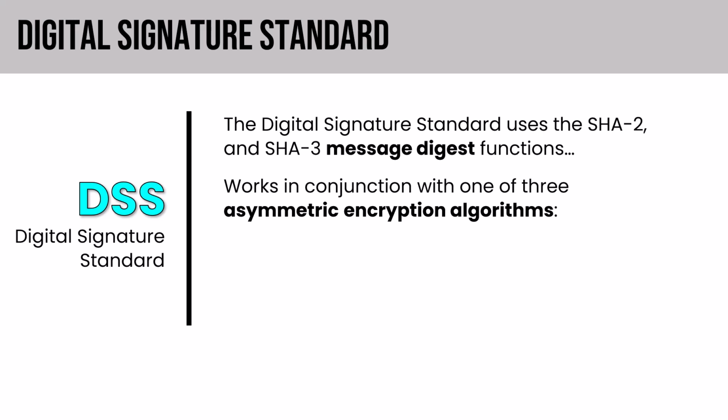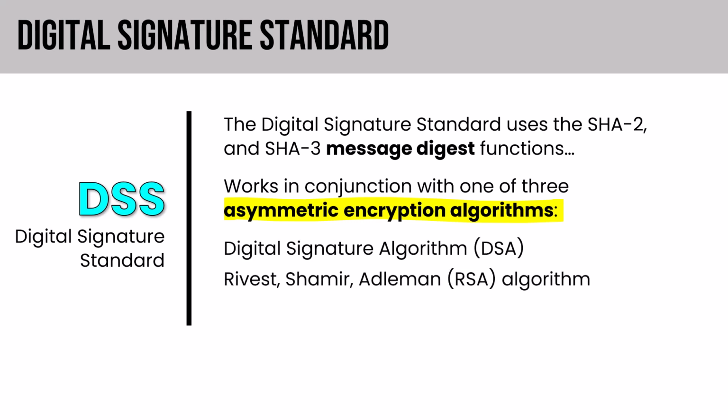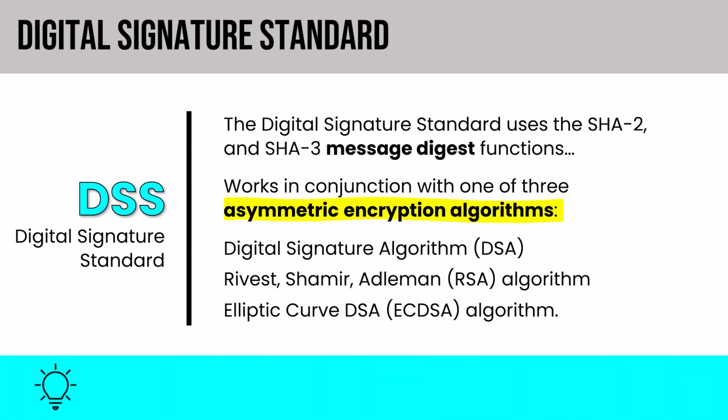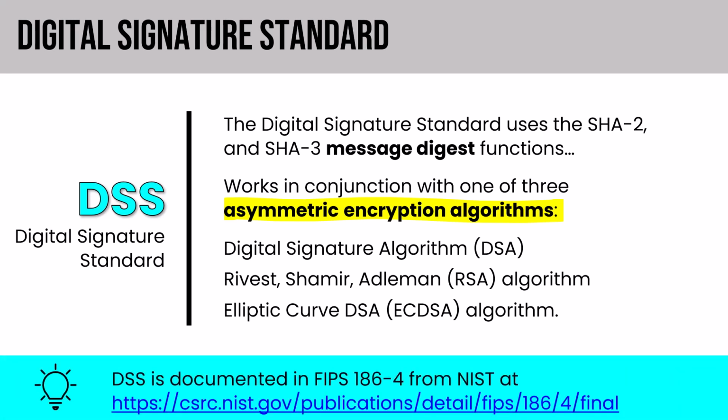And DSS works in conjunction with one of 3 asymmetric encryption algorithms: the digital signature algorithm, or DSA, the RSA algorithm, or elliptic curve DSA. So the DSS is documented in FIPS 186-4 at the URL here. DSS may not come up on this exam, but you've got your introduction now just in case.